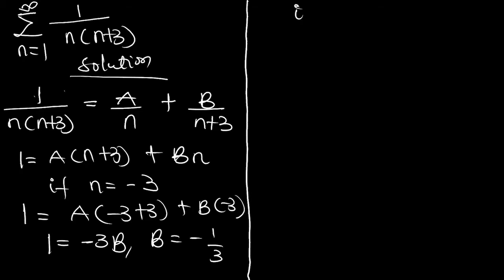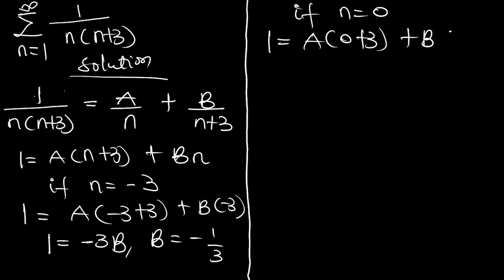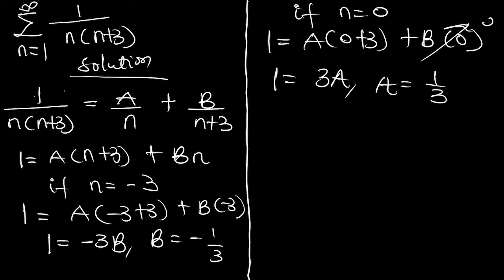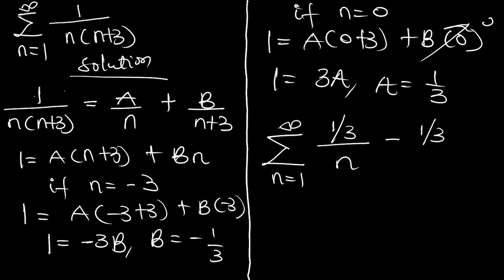Let's check if n is equal to 0. We're going to have 1 equals A, 0 plus 3, plus B multiplying what? 0. So this part will go to 0. We're going to have 3A, and A is going to be what? 1 over 3. So we have our B and our A. Right. The series is going to be summation n equals 1 to infinity of our A, which is 1 over 3, all over n, minus 1 over 3, that's the B, all over what? n plus 3.